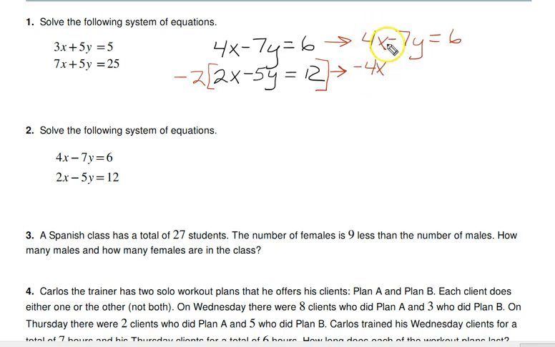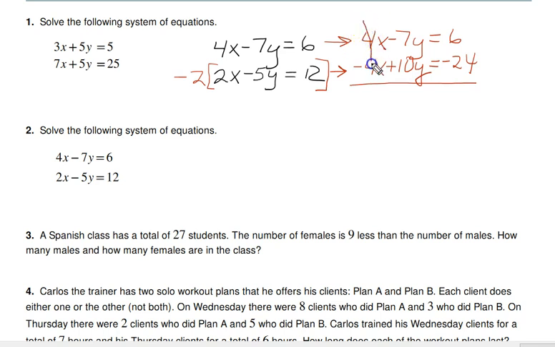See, this is what I wanted to do. -2 times a -5y is a positive 10y. And -2 times 12 is a -24. And you should always check your work. Okay, that looks good.